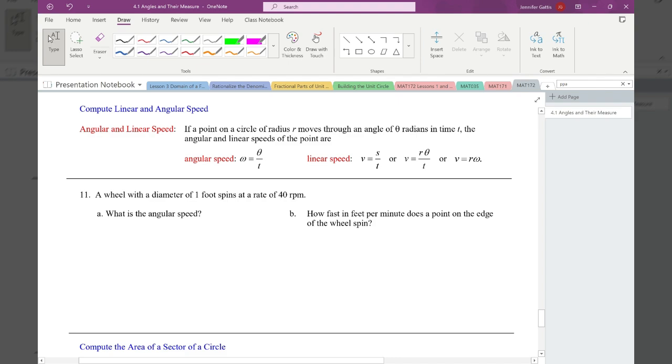So the first thing that we need to consider is that when we have our angular speed of 40, that is equal to the radius times this lowercase omega. Or 40 is equal to 1 times omega, which is going to tell us that omega is equal to 40.